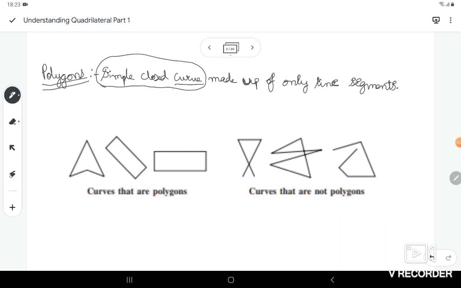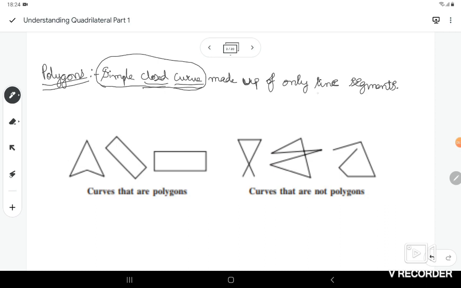Second thing is it should be a curve. That is, there should not be lifting of the pencil while drawing the curve, and there should not be retracing of points. And the third condition is it should be closed. So we are not able to find the initial and final points, and it should be a closed figure.